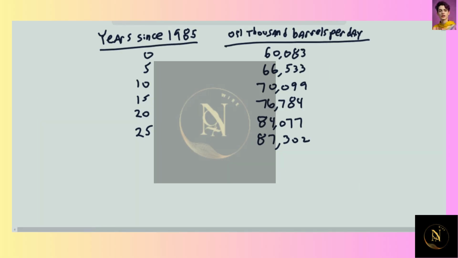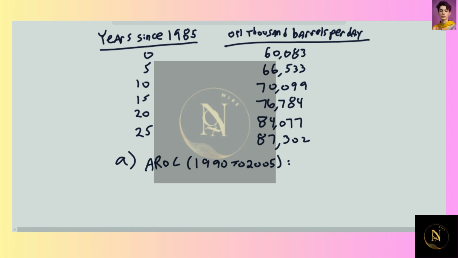So in this problem, we're given this table in years since 1985 and oil consumption in thousands of barrels of oil per day. And we're first asked to compute and interpret the average rate of change, I'll abbreviate it AROC, average rate of change, from 1990 to 2005.